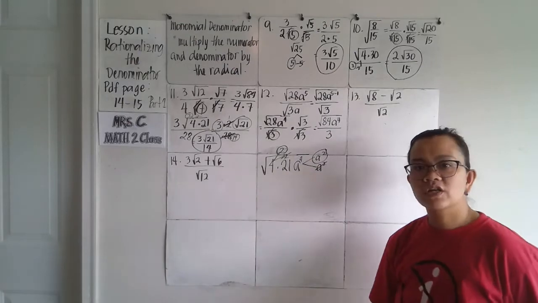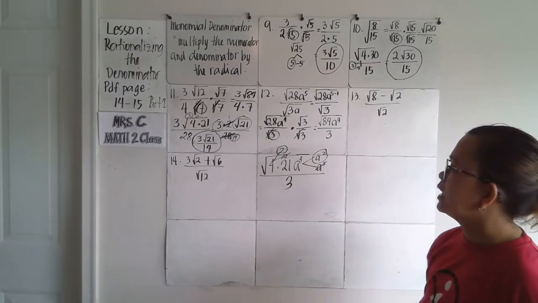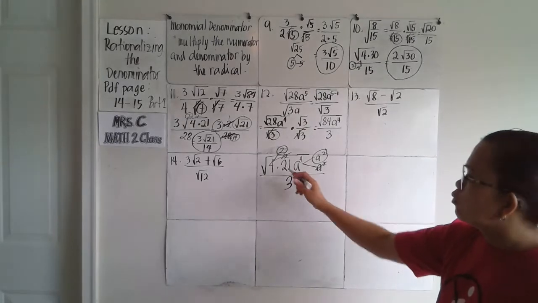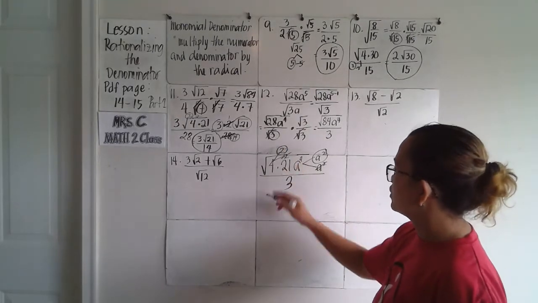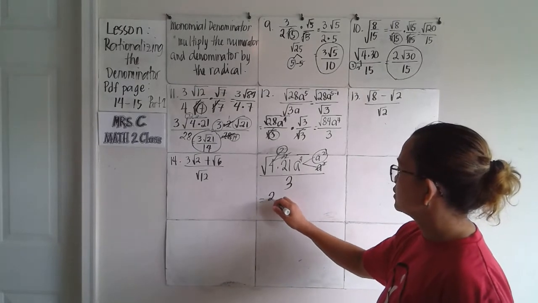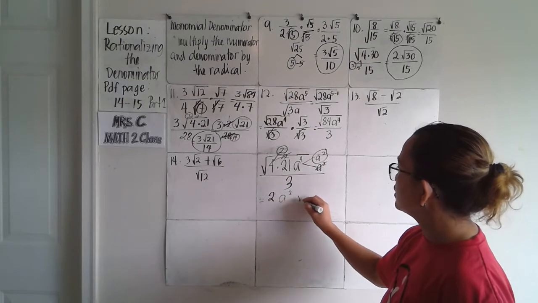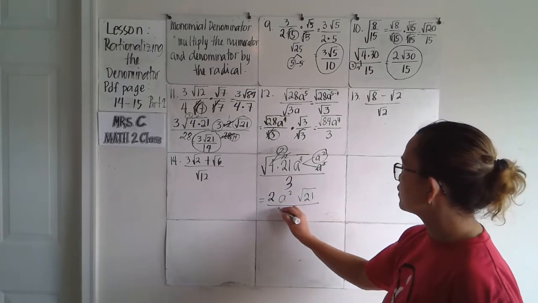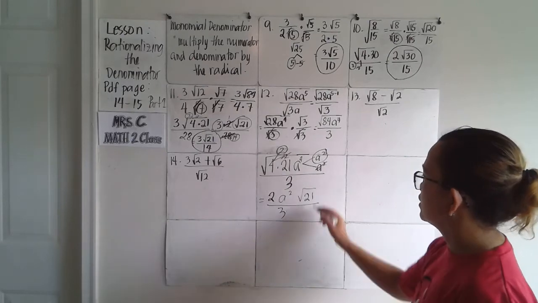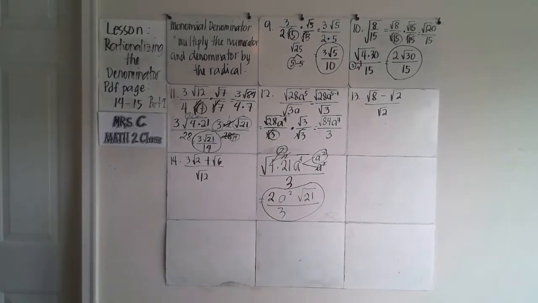All that I encircled should go outside, and all which are left over should stay under the radical symbol. So that will leave an answer of 2a squared square root of 21 over 3. That's the correct answer for number 12.